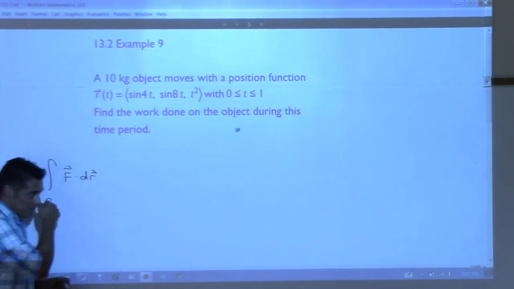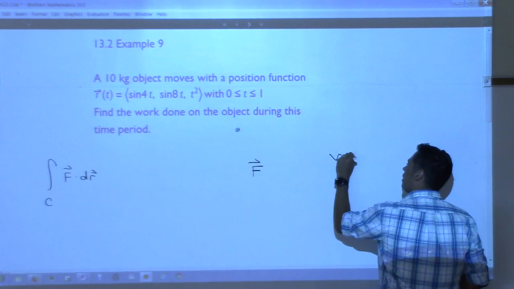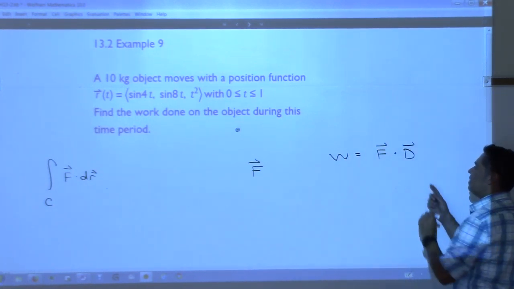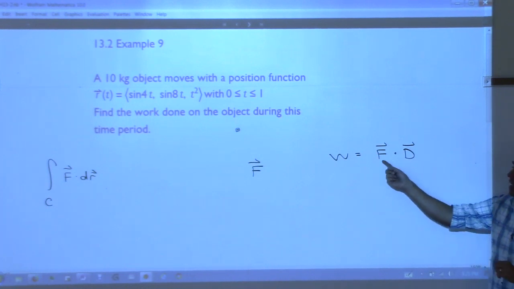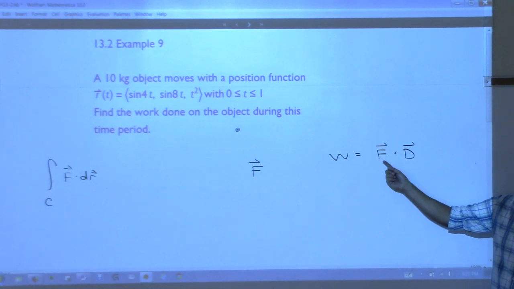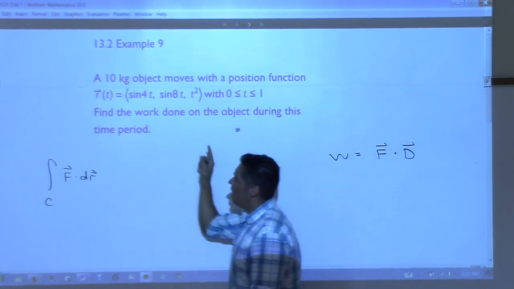So how are we going to come up with this field? Remember, work is equal to F dot D, where D is the displacement vector and F is the force. How are we going to get our force if all we have is the mass?